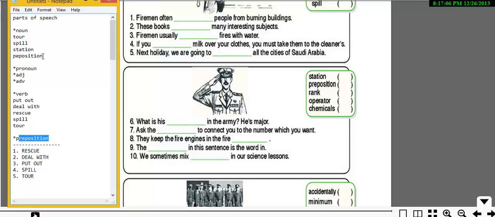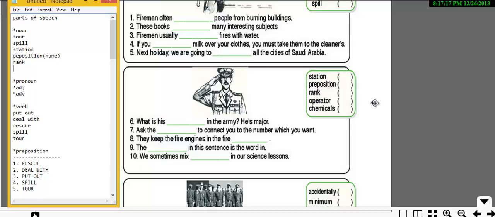So preposition here is the name of the part of speech. That's why it's a noun. Now rank is also a noun, and there is operator. It's also a name, it's a noun, and then there is chemicals. It's also a noun. So, let's go.